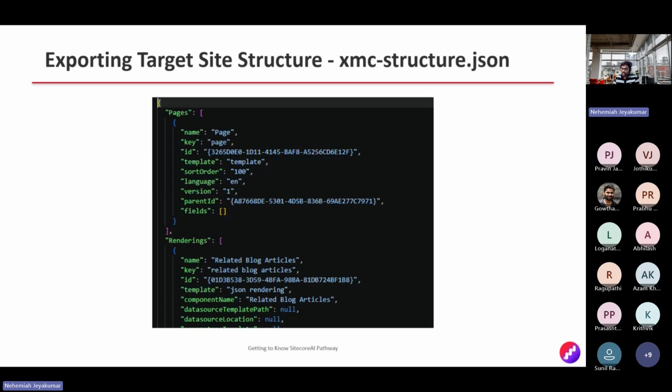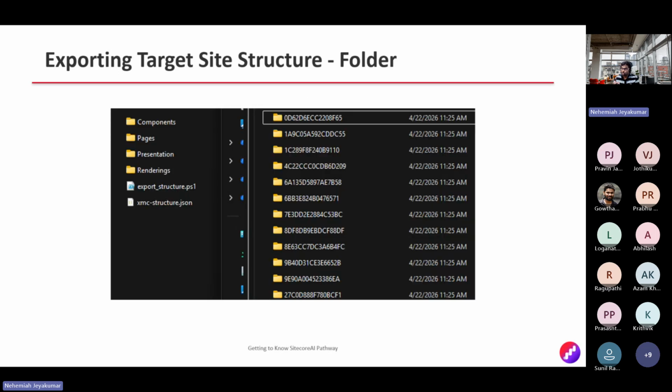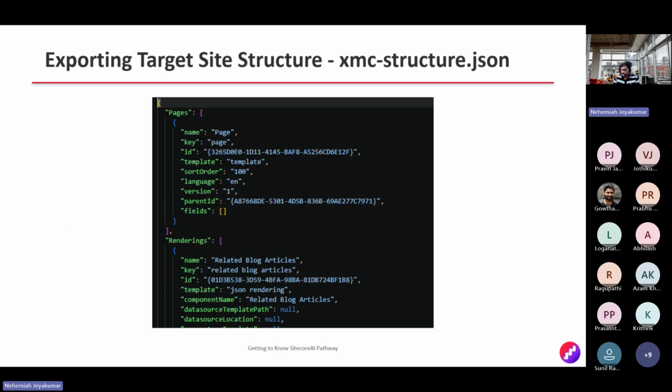Once that is ready, you execute the PowerShell script. You simply say export structure PowerShell, which reads the serialized files and generates a JSON file, something like this. It extracts the information from the serialized files and formats it into an information file for the SitecoreAI pathway.